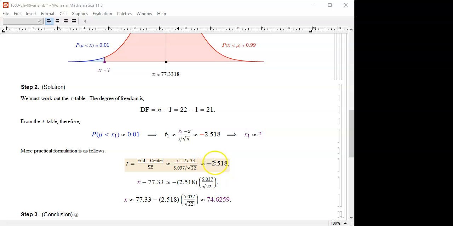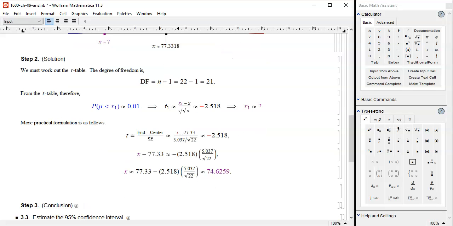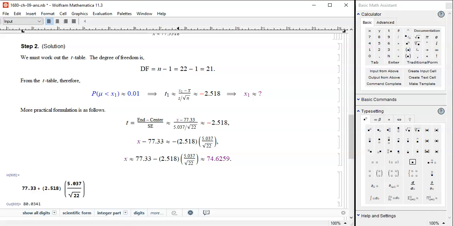In this case, you're not going to get this negative sign, and this will be plus consequently, and you end up making this kind of mistake. So this is plus, and then run it, and you're going to get 80 point something. Now, if you don't have your picture and then write down this value and move on, you're going to lose a lot of credit.